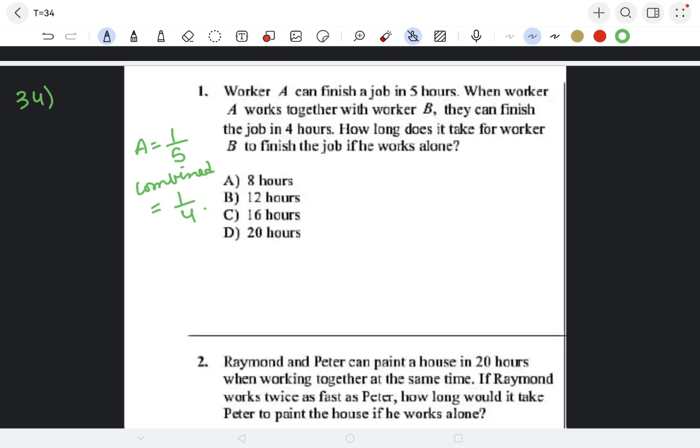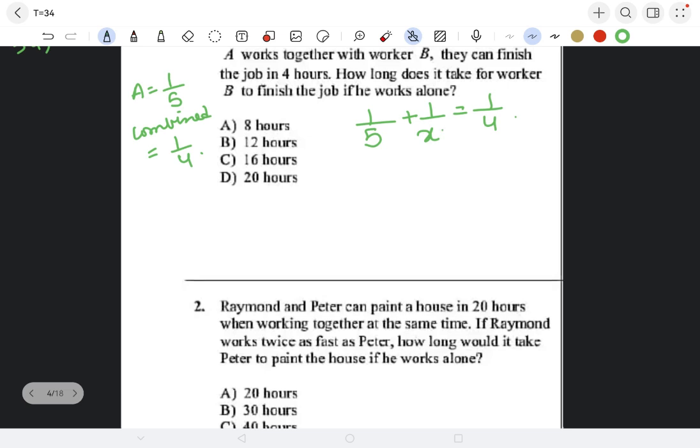How long will it take for worker B? Let worker B take X hours. So collectively, work rate of A plus work rate of B is equal to combined work rate. And what do we have to find? We have to find the time which worker B takes to complete the work, meaning I assumed it X, so I have to find X.